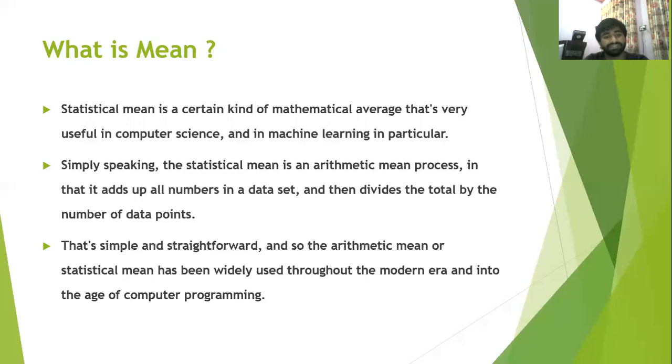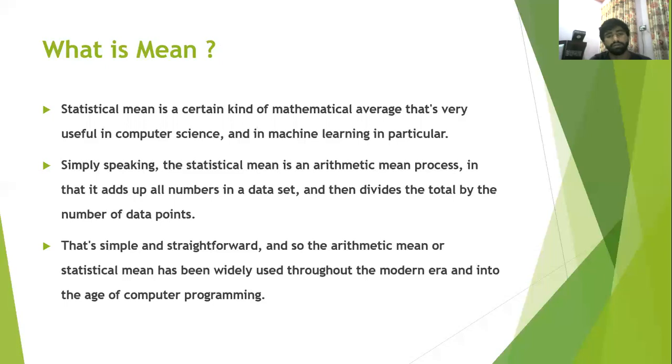Simply speaking, statistical mean is an arithmetic mean process, in that it adds up all numbers in a data set and then divides the total by the number of data points.